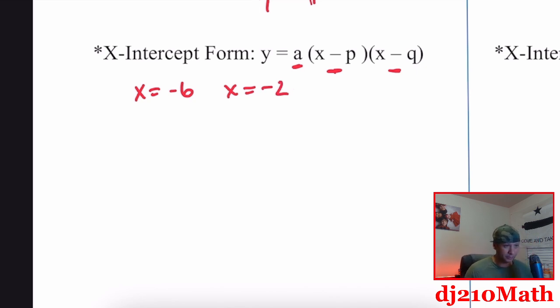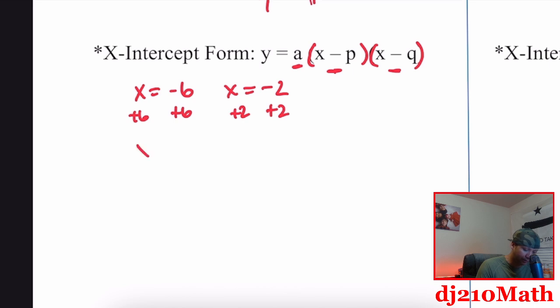These are the x-intercepts. So we want to put these in parentheses, but we don't want the equal sign, right? So we want to add 6 to both sides, add 2 to both sides. So we get x plus 6, x plus 2.